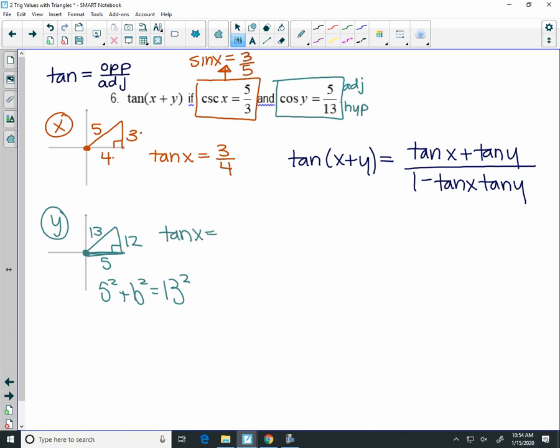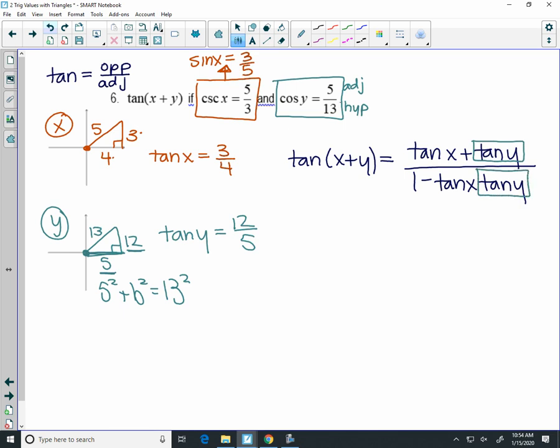All right, so tangent of, not x, tangent of y is opposite over adjacent, so 12 over 5. And now you put those into your equation, plug those into your formula, and math. So this one and this one.